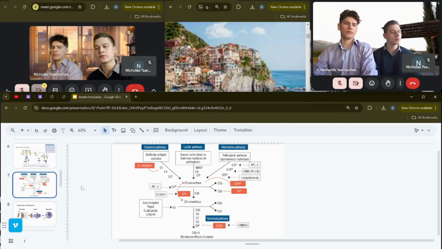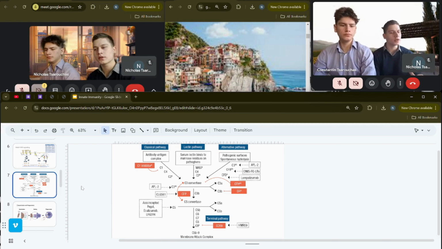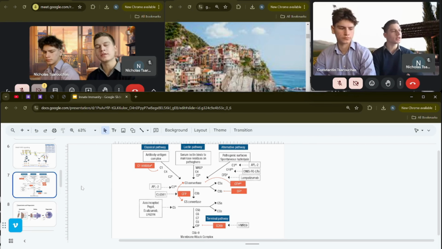C3 reacting with water in this tick-over step, and they combine with factor B, binding and undergoing another conformational change, able to cleave it to form C3b.